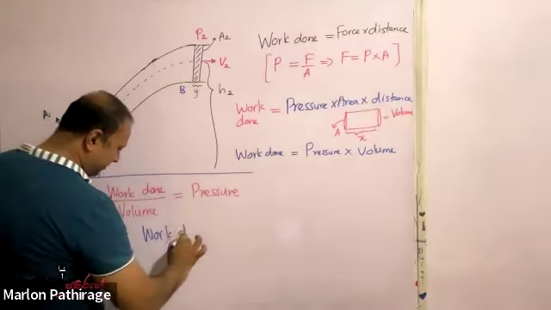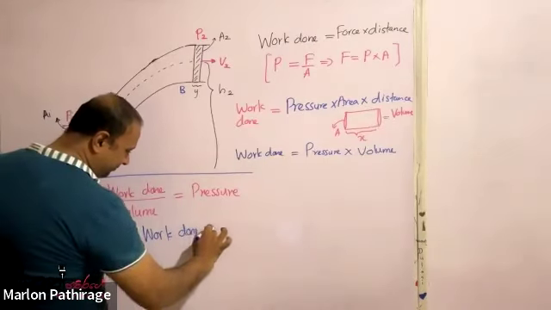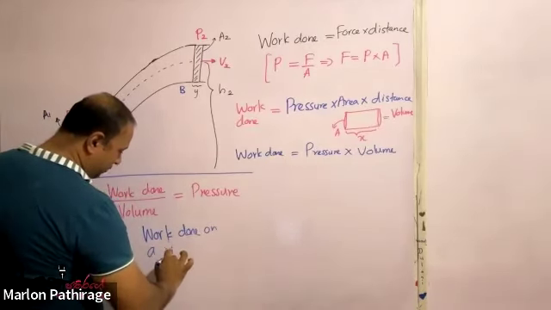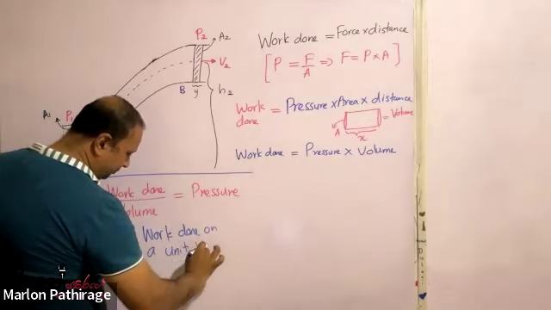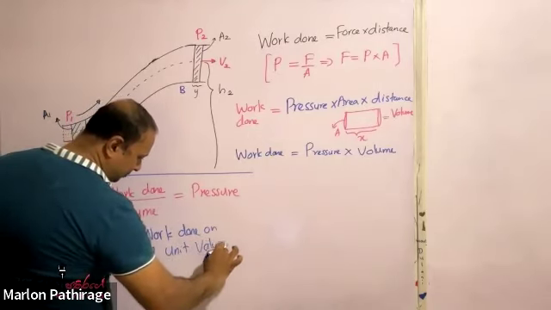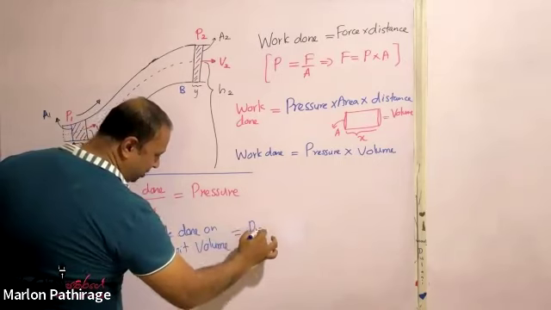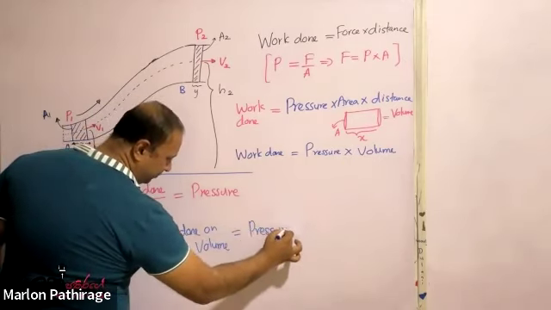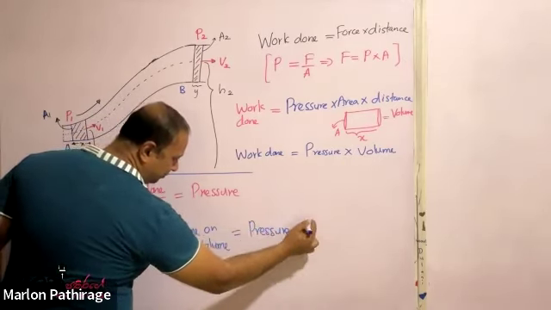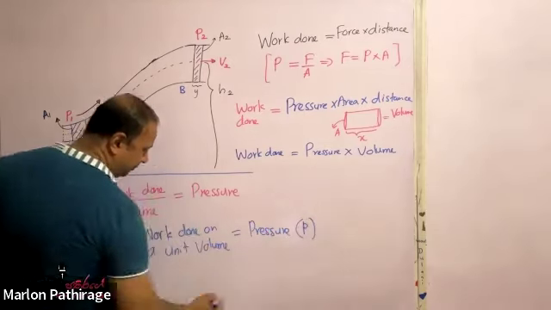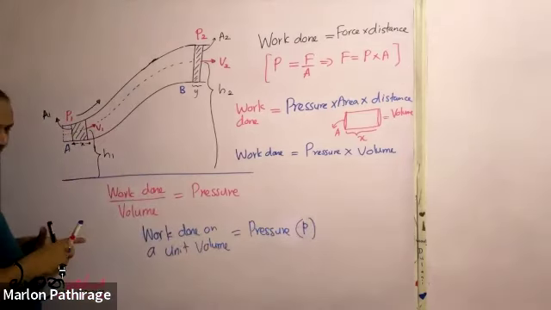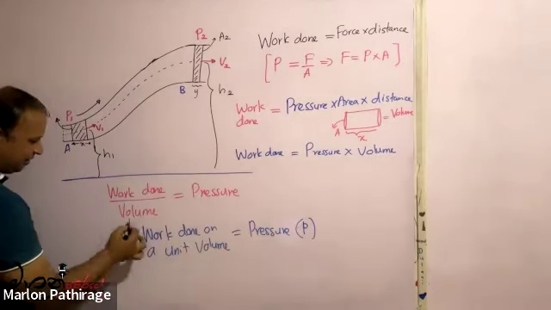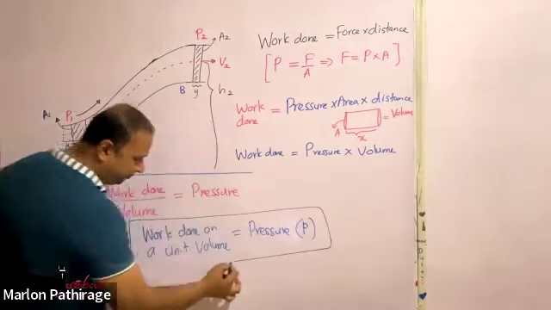Work done on a unit volume is equal to pressure P. Very interesting derivation, this one.